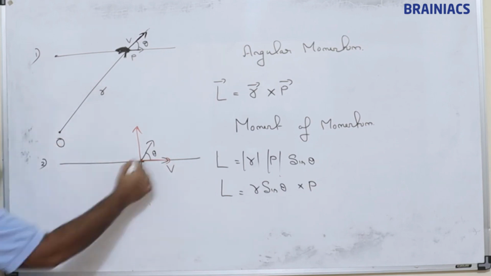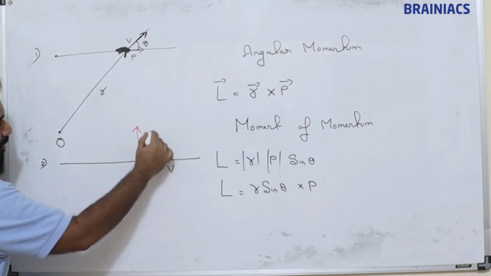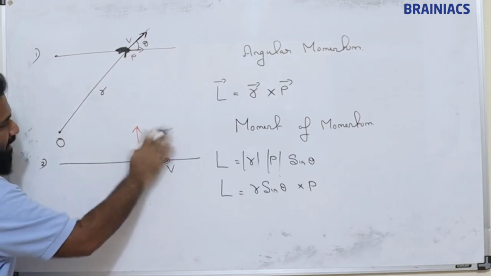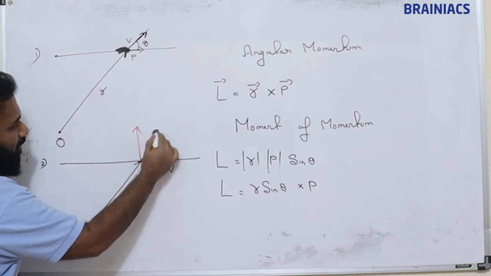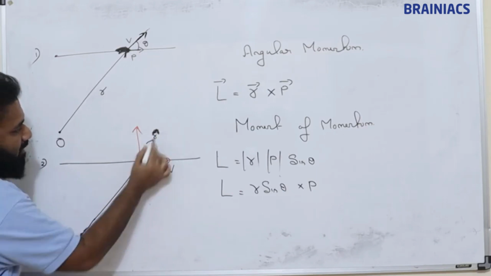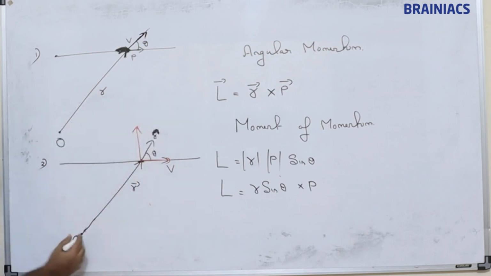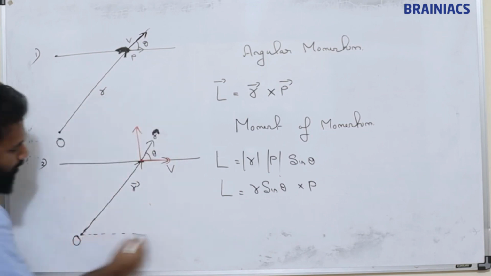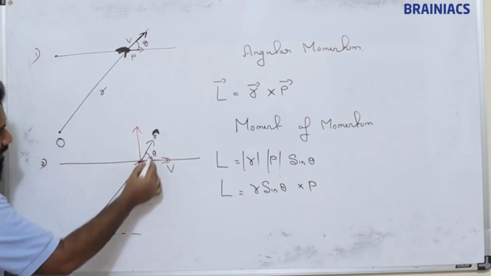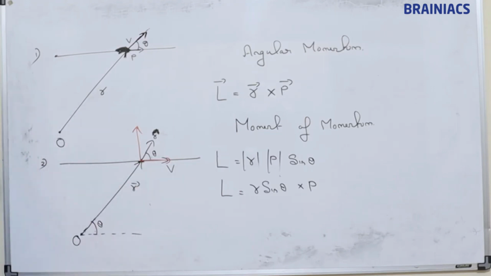See, if this is theta, this is actually the direction of r vector, or we can say that this is the unit vector, indicating the direction of r vector. So this r is r cap. Now if I put theta here, this theta will come here also. So I can draw, I will resolve this.